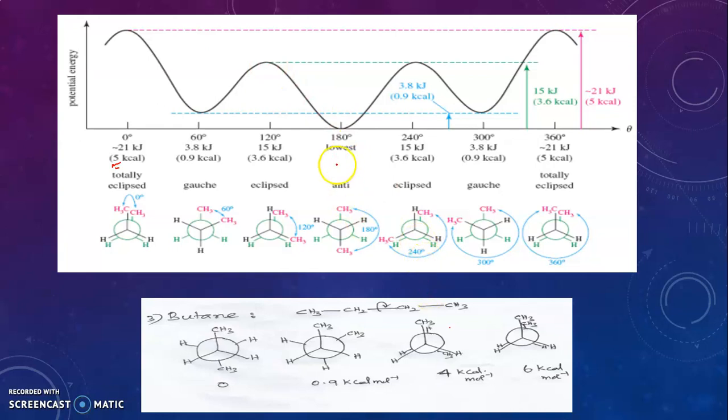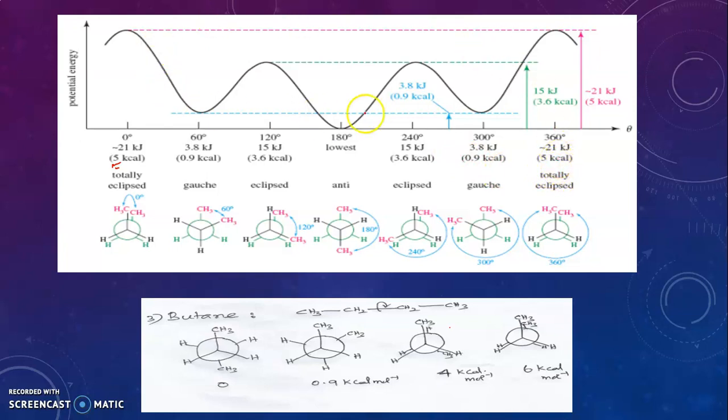And at 180 degree, we will get the anti-conformer, the most stable conformer, for which the potential energy is assumed to be 0. Then with further rotation, at a dihedral angle of 240 degree, we get another partially eclipsed conformation, then another Gauss conformation, then at 360 degree we get once again the original fully eclipsed conformation.